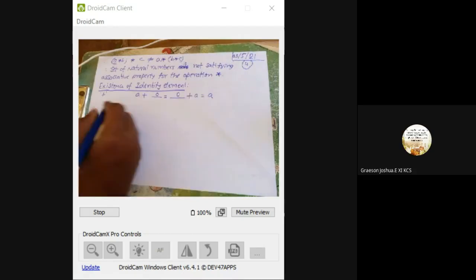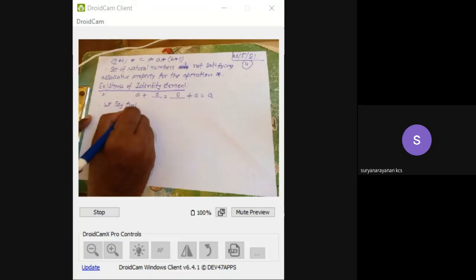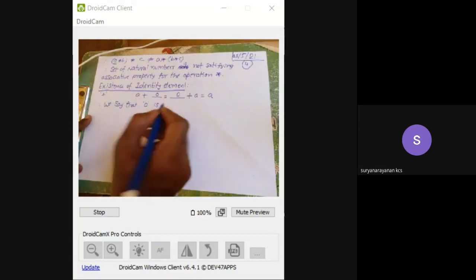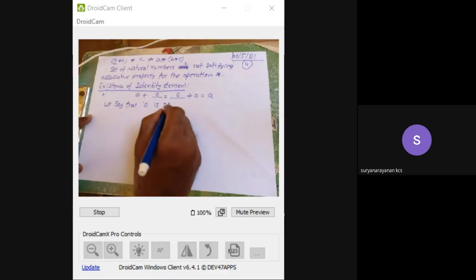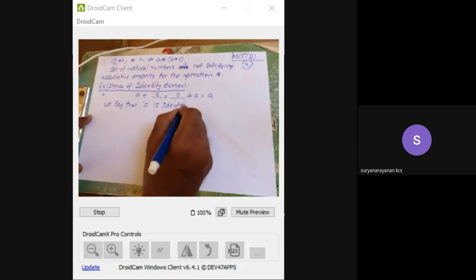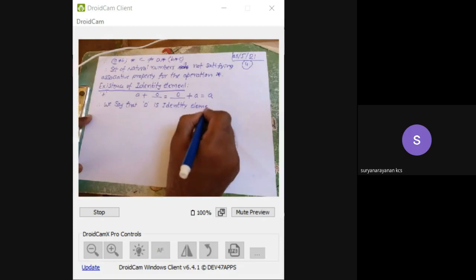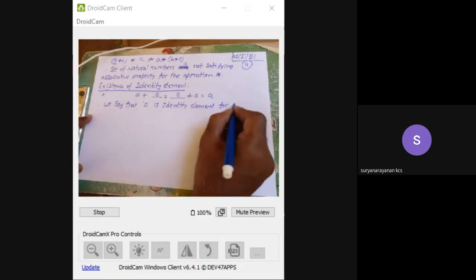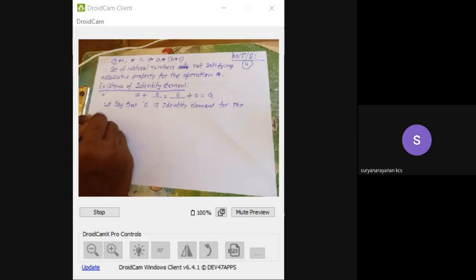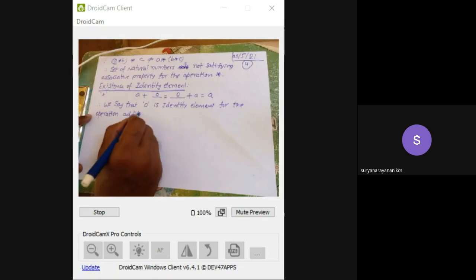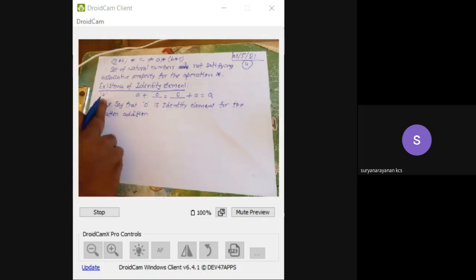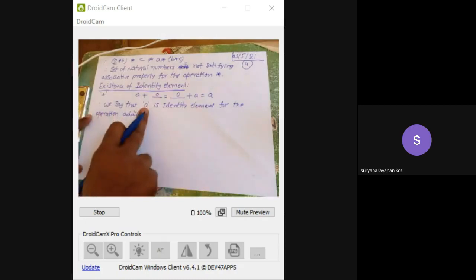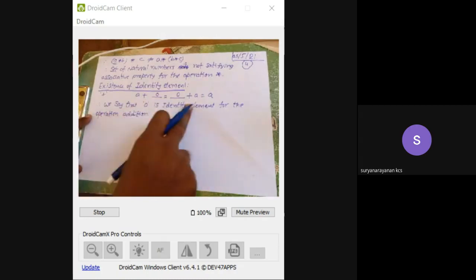Therefore, we say that 0 is the identity element. What is the operation we have taken here? Addition. So for addition, this element 0 is said to be the identity element.